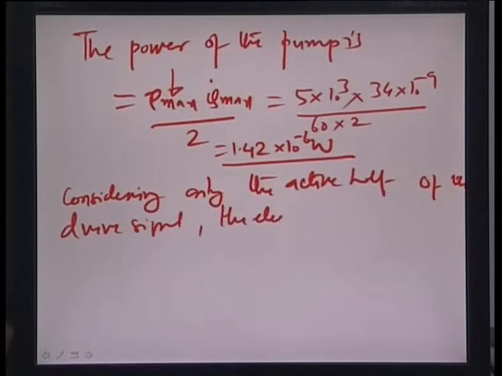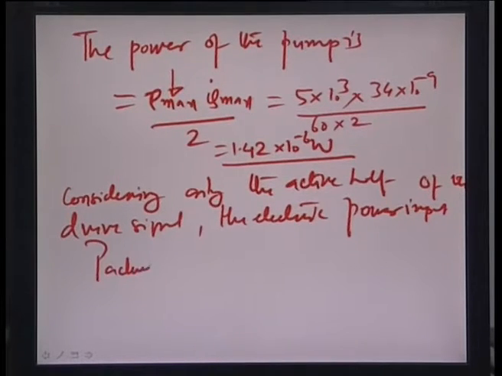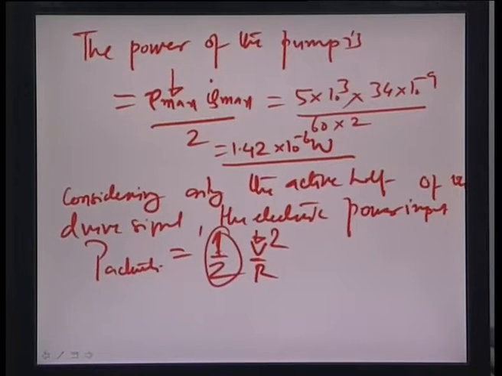So the electric power input here, which causes the actuator power, is half V square by R. V is 6 volts, half because the half cycle is the only power cycle, the remaining half cycle is 0 volts.